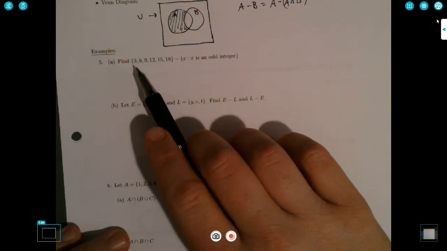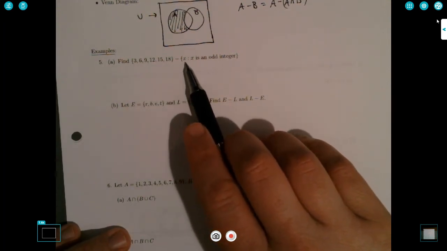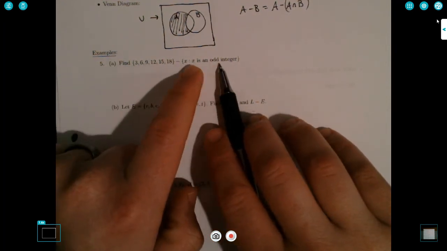But okay, let's practice. It says, find the difference between {3, 6, 9, 12, 15, 18} and the set of all X where X is an odd integer. So we want to take this set and remove any elements that are in this set.